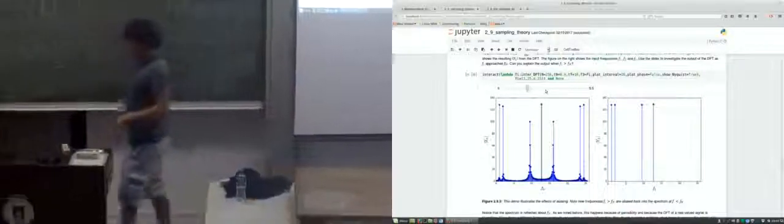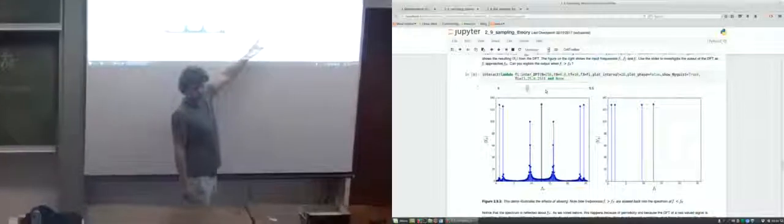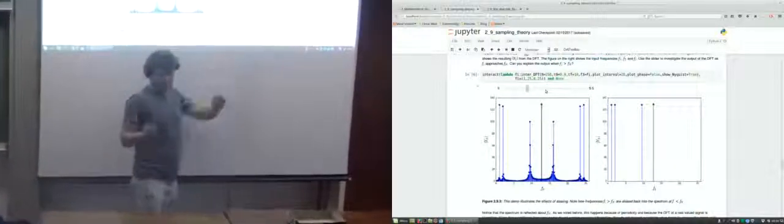So now, look at what happens. On the right-hand side, this is the theoretical result that you'll get from applying the continuous Fourier transform. You see as I approach the Nyquist rate, the Nyquist frequency is indicated by the red arrow.